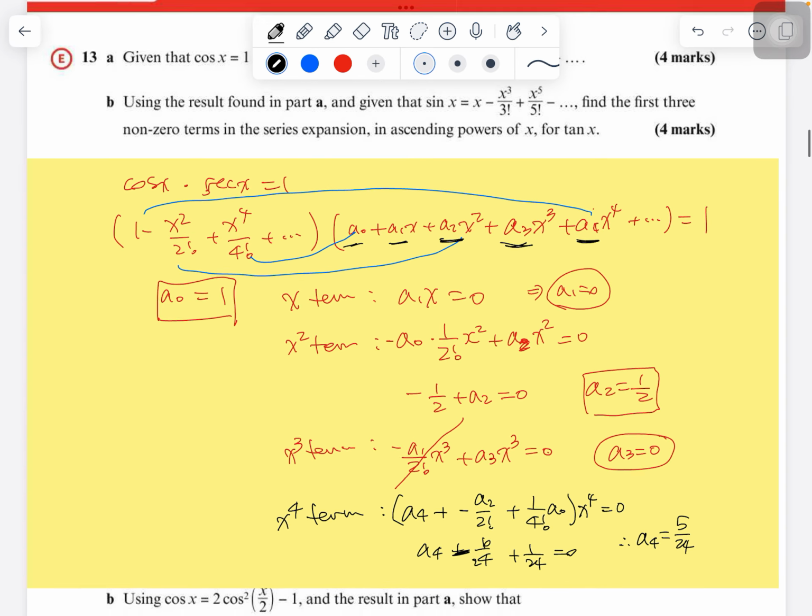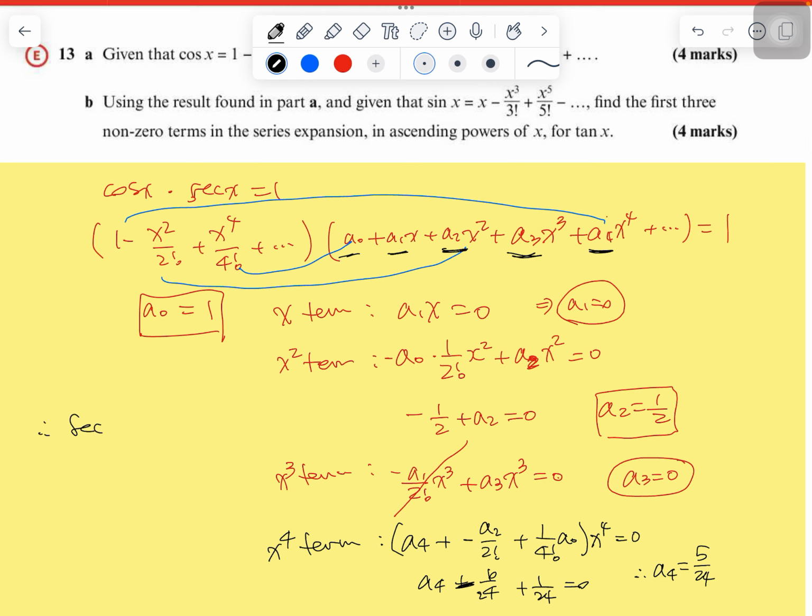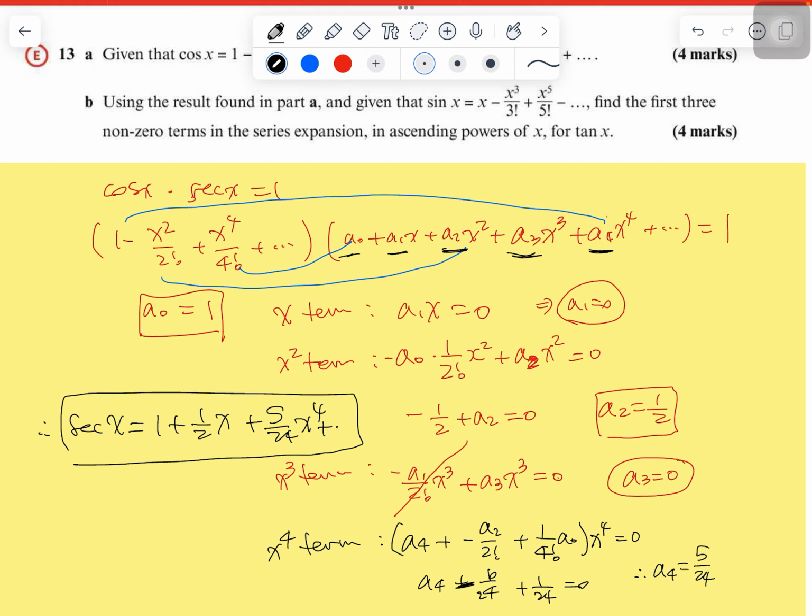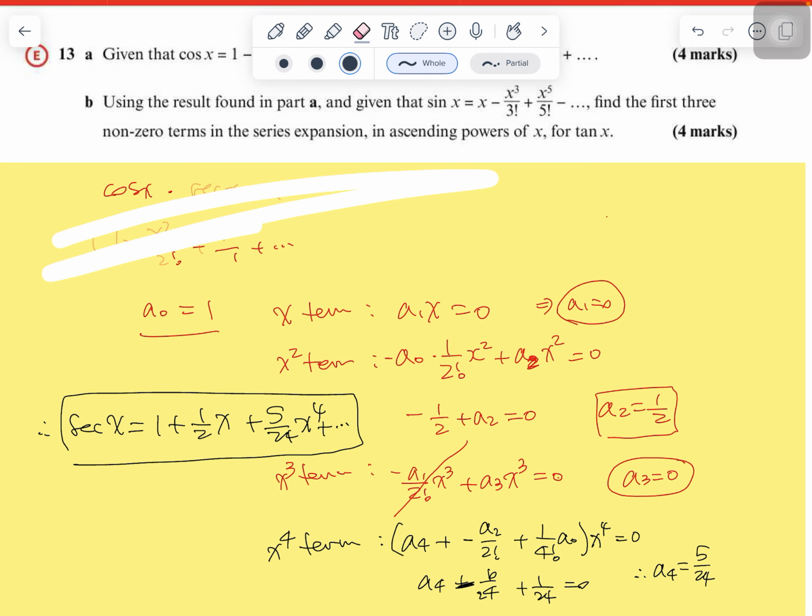Therefore, secant of x becomes 1 plus 1 over 2 x squared plus 5 over 24 x to the power of 4 plus blah blah blah, using the result found in part A.